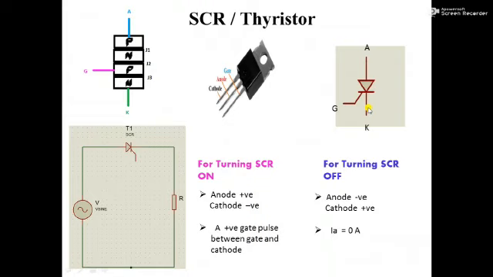SCR is also unidirectional, meaning it allows the flow of current in only one direction, from anode to cathode. From cathode to anode, current cannot flow. So when that anode current IA becomes 0, the thyristor will turn off. These are the conditions required for turning on an SCR, and these are the conditions required for turning off an SCR.